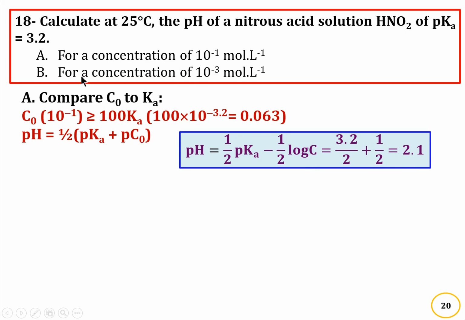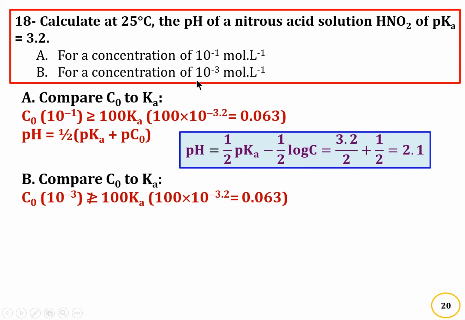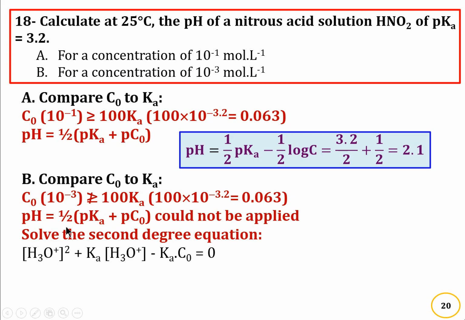In part B, the concentration is equal to 10 minus 3. And if you compare C0 to 100 Ka, C0 is not greater or equal 100 Ka, so the formula used in part A could not be used. We have to solve the second degree equation [H3O+] squared plus Ka [H3O+] concentration minus Ka C0 equals 0.